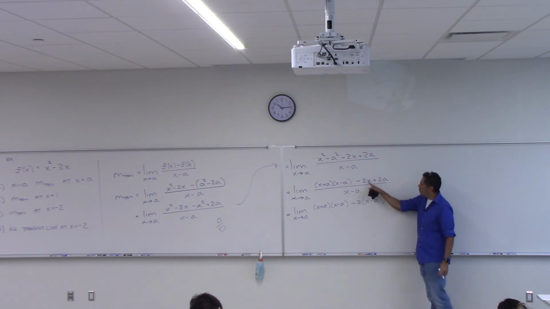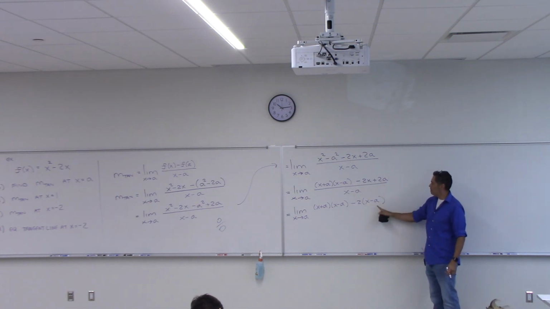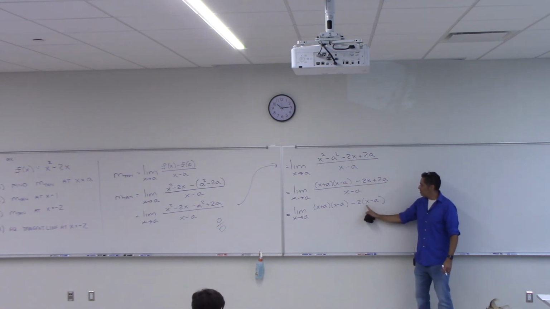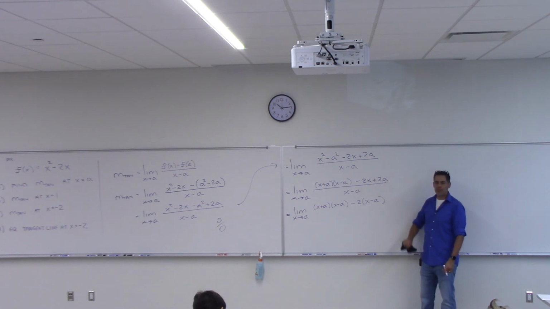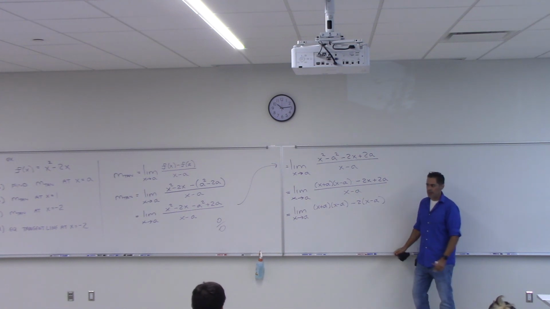Isn't that what you would get if you pull a negative 2 from here and here? Think about if you distribute this through, you get those two terms. Is this feeling unnatural? A little bit?